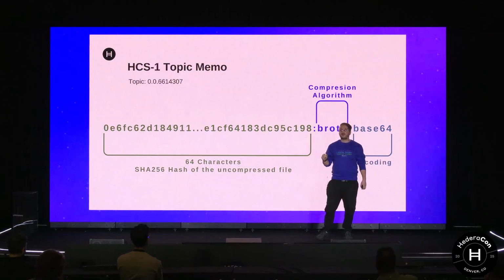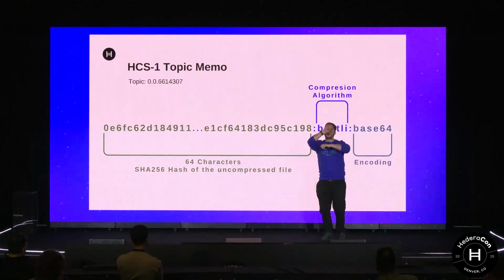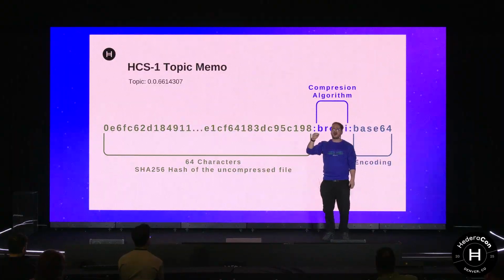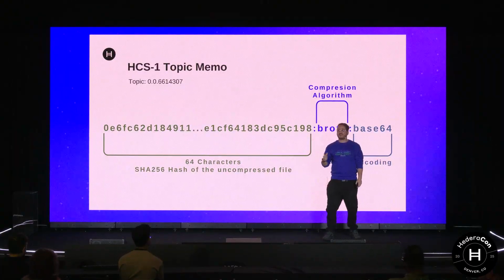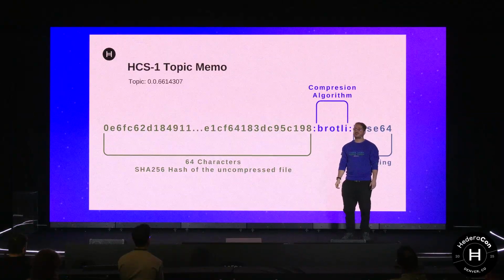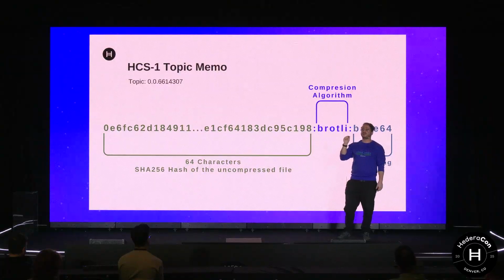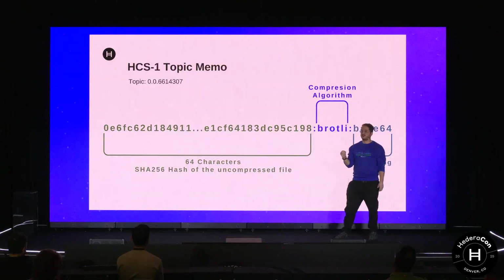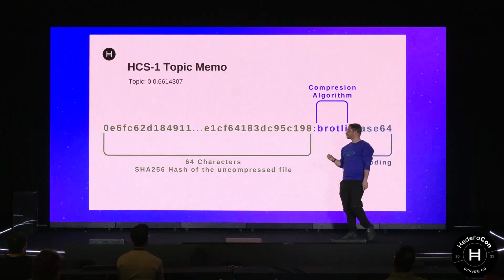When a platform is reassembling all the chunks from this HCS1 file, we need to be sure that it's actually the same file. We need to verify that it's the same file, and that verification is actually really important for Hedera as an ecosystem, because you can think about all the use cases where verification can actually be really interesting, aside from other ways that you can put files on a decentralized network.